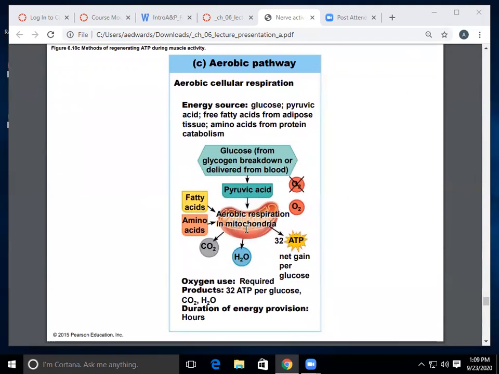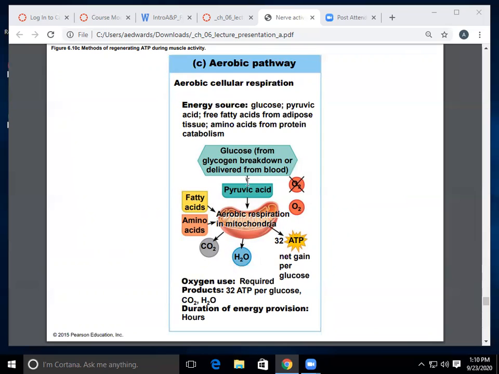Okay, so here's, again, aerobic cellular respiration. Then you have your glucose. So it can be directly in your blood, or you can break down chains of glycogen to get the glucose molecules. Okay, it can also involve fatty acids or amino acids.